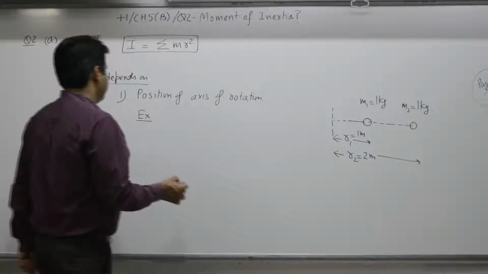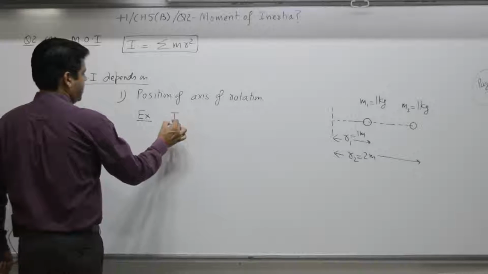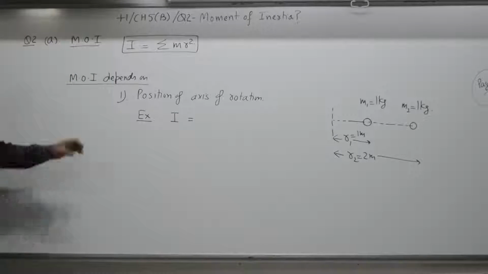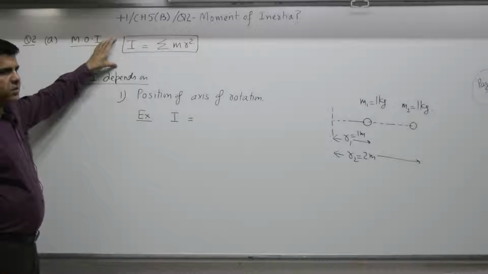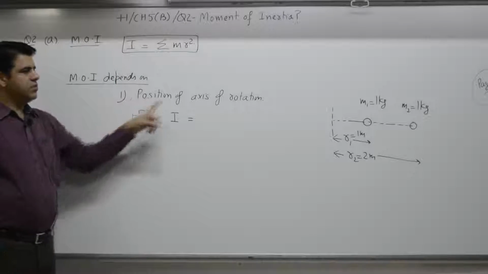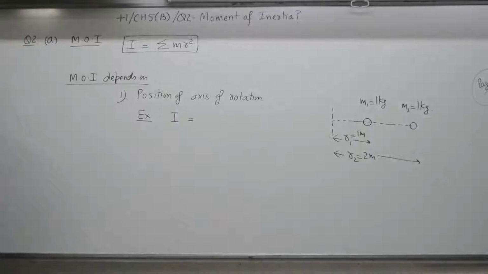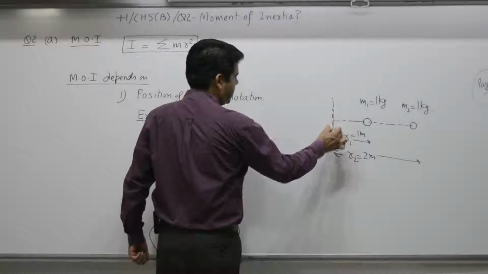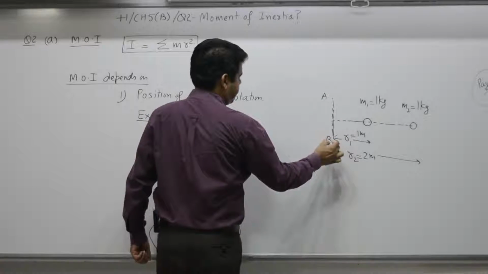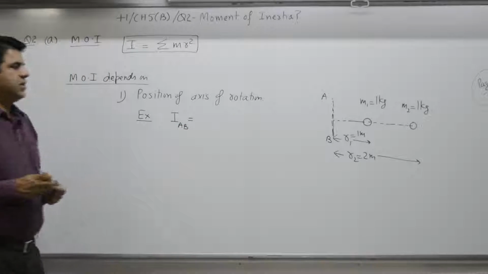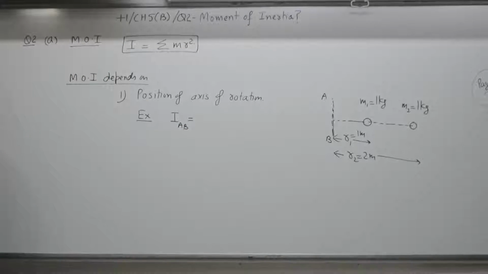Find moment of inertia in this first case. Leave 3-4 lines for this part. Then write moment of inertia depends on point number 1, position of axis of rotation. I may call this axis of rotation AB. So, find moment of inertia of this object about AB. Take 2 minutes to try.